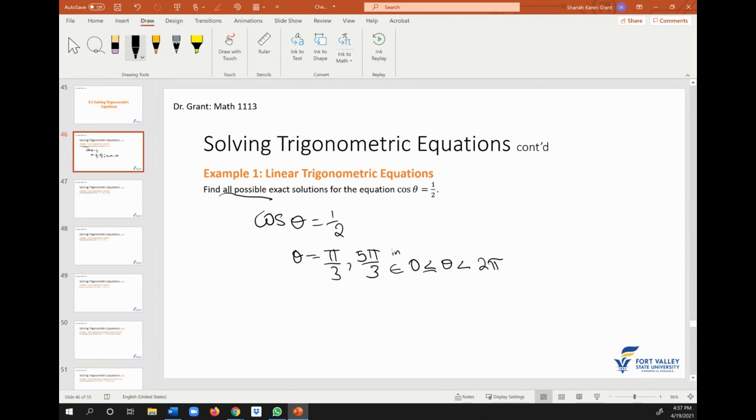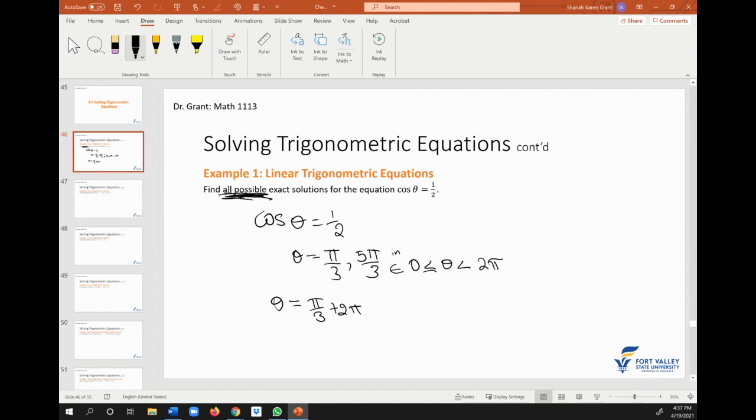But they said we want to find all possible solutions. So we're not restricted to just 0 to 2 pi. So really, any increments of 2 pi added to these would give us our solution. So for instance, that means theta is going to be equal to pi over 3 plus 2 pi, because we're going to take a revolution, and that will give us the same location of pi over 3.